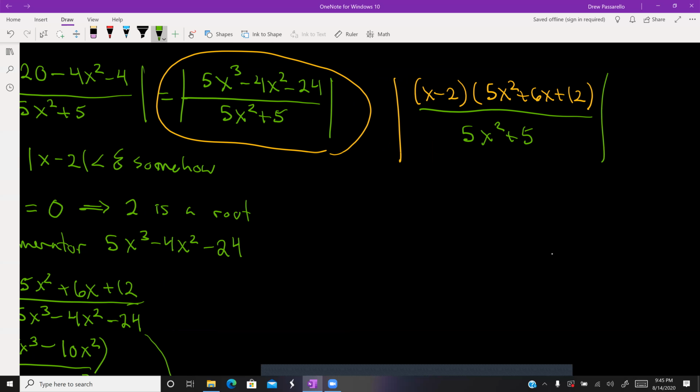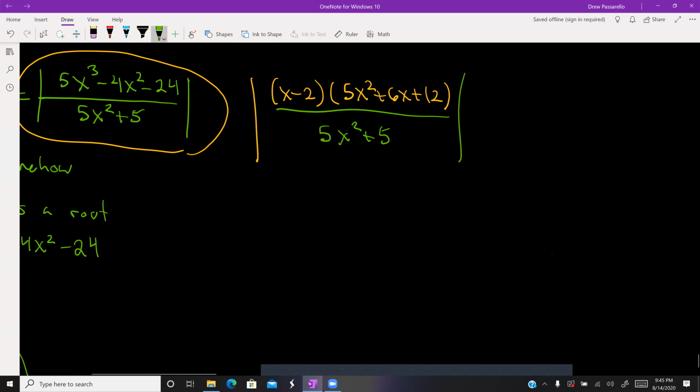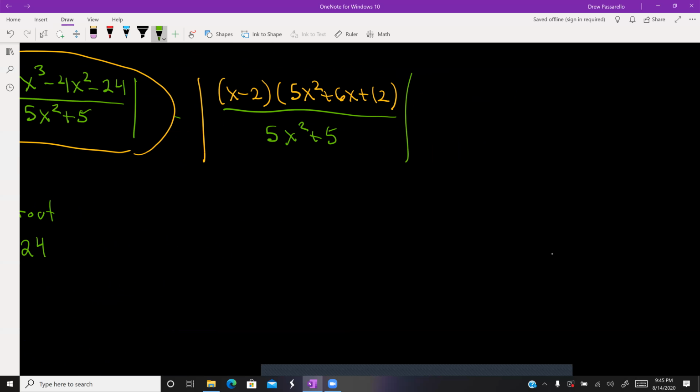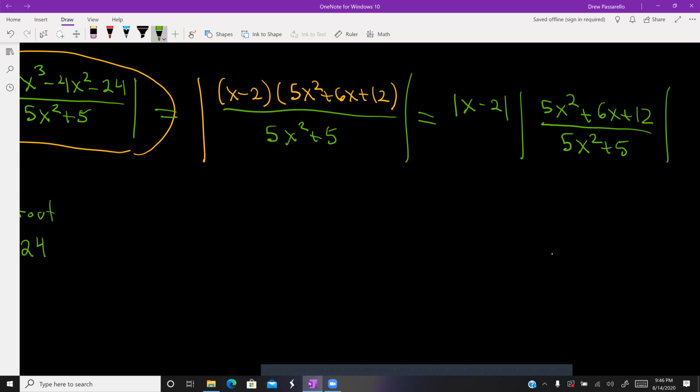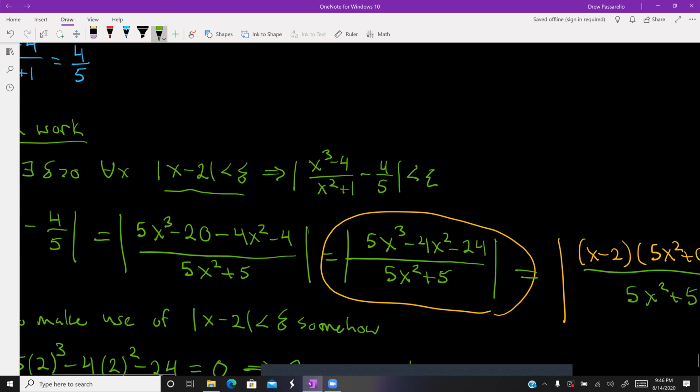Okay, so now we've got a way of involving the absolute value of x minus 2. This is all equal to the absolute value of x minus 2 times the absolute value of the other stuff, over 5x squared plus 5. All right, that's what we had in the beginning.